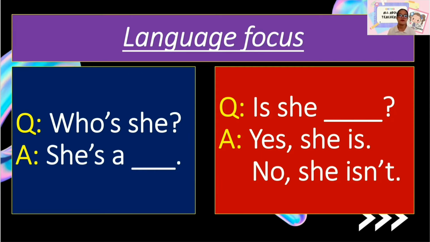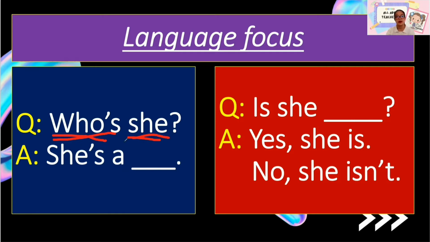So our language focus will be, who's she? As you can observe, Teacher JV uses a girl from the example and from the English vocabularies that we just had. So in here, we're going to focus on the girl's side. Who's she?